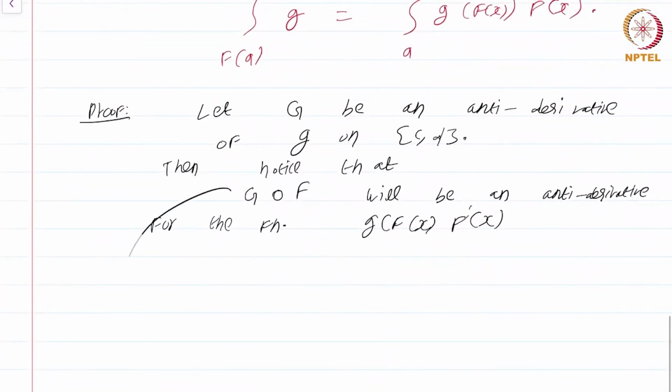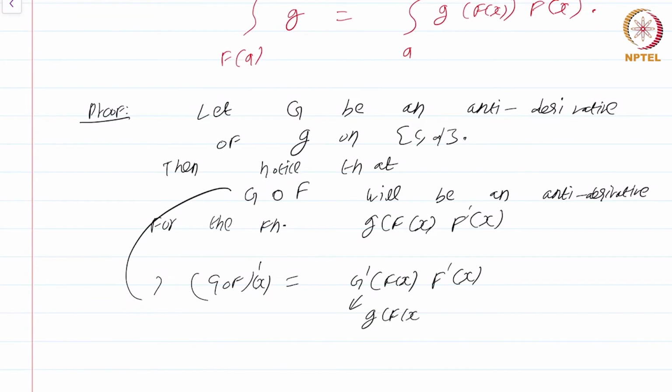This is just the chain rule, because the derivative of G composed with f is just G prime of f of x times f prime of x, and G prime of f of x is nothing but g of f of x. So G composed with f is an antiderivative for g of f of x, f prime of x.